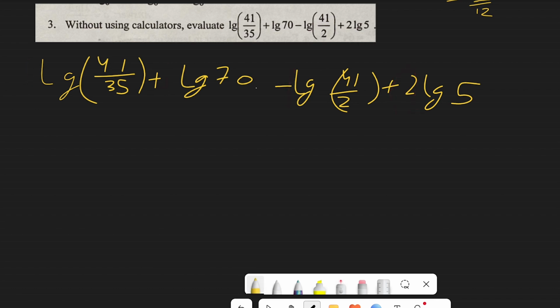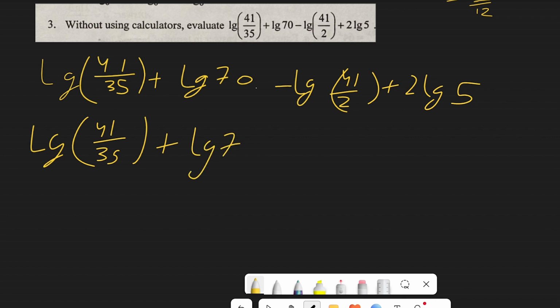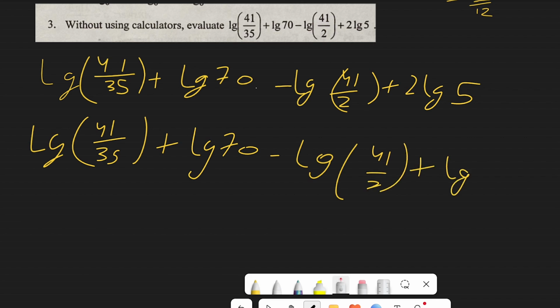So what we will do is we will write the rest as it is. 41 over 35 plus lg 70 minus lg 41 over 2 plus, now we will do lg 5, and now the 2 would go over here, so it would be 5 squared.